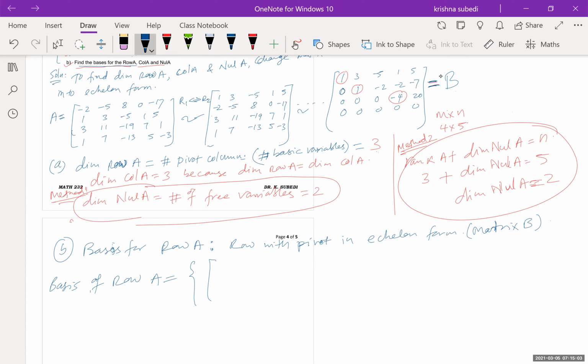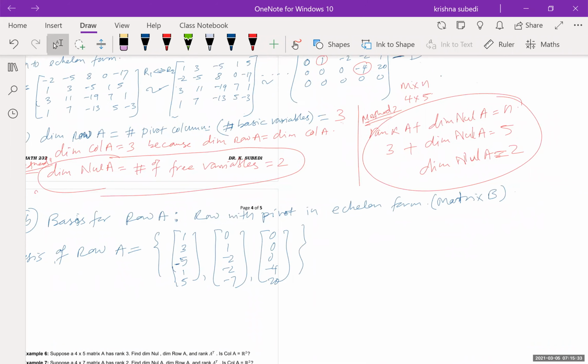The first row is 1 3 5 negative 5... 1 3 negative 5 1 and 5, and the second one is 0 1 negative 2 negative 2 negative 7, and then 0 0 0 negative 4 and 20. So this is the basis for the row space of A.